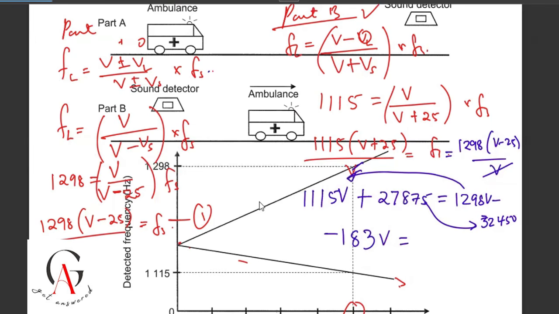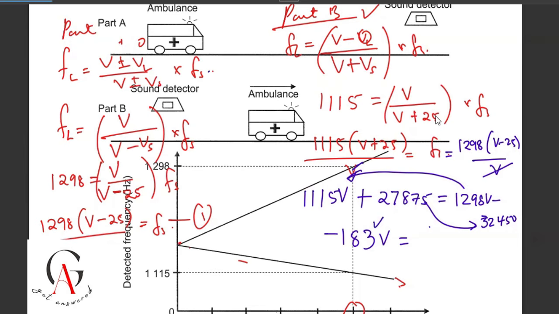And then 32,450, we are subtracting 27,875. Why are we getting a negative answer? Okay, so with 1115, we subtract the 1298, we're getting the 183, perfect.